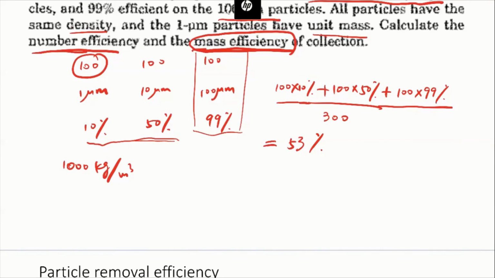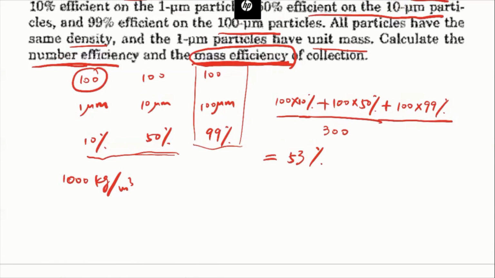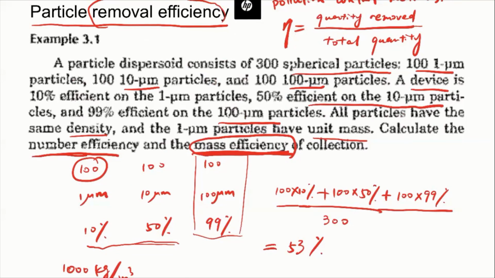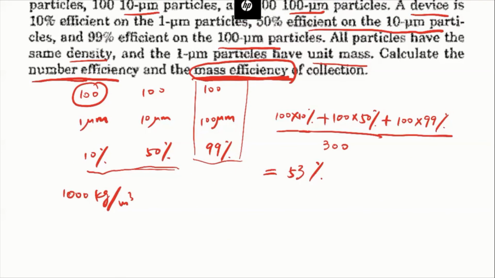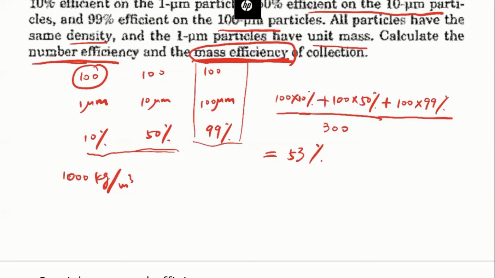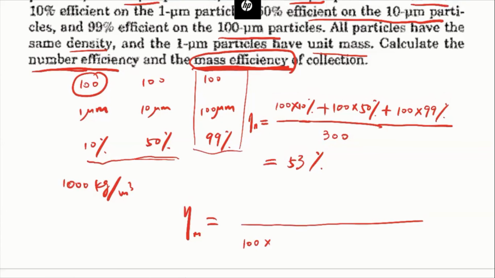And in terms of mass removal efficiency, we need to use a different quantity, right? The total quantity is going to be the total mass of all of these particles. So let's say this is number efficiency, this is mass efficiency, then this is going to be 100 multiplied by the 1 micrometer particle.